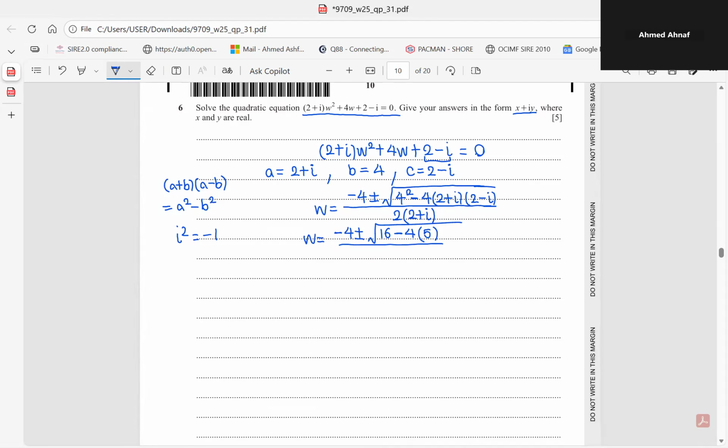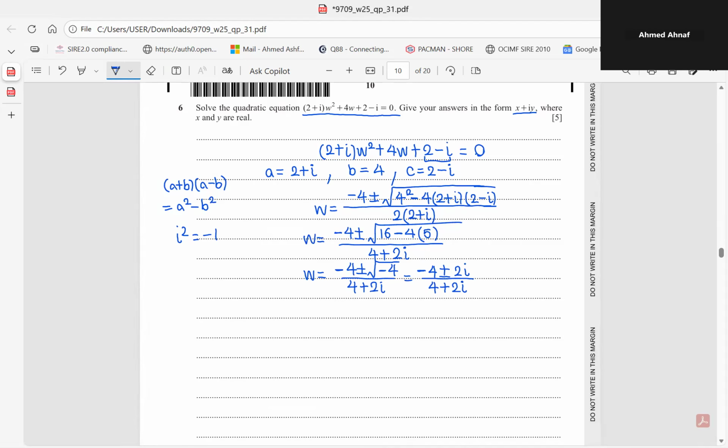And then over 2 times 2, that's 4, plus 2 times i, which is 2i. Then simplify everything inside the square root: 16 minus 20 is minus 4, over 4 plus 2i. So you get minus 4 plus or minus square root 4 times square root of minus 1, and square root 4 is 2, square root of minus 1 is i, over 4 plus 2i.